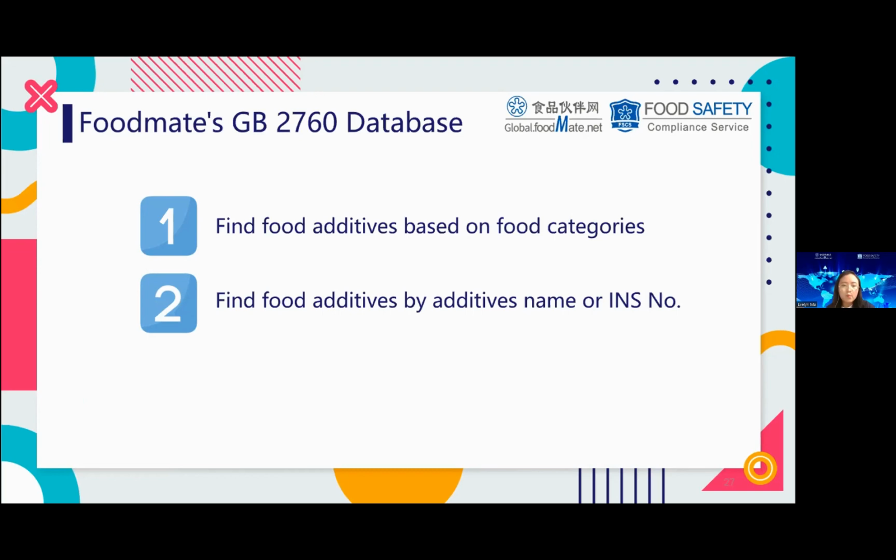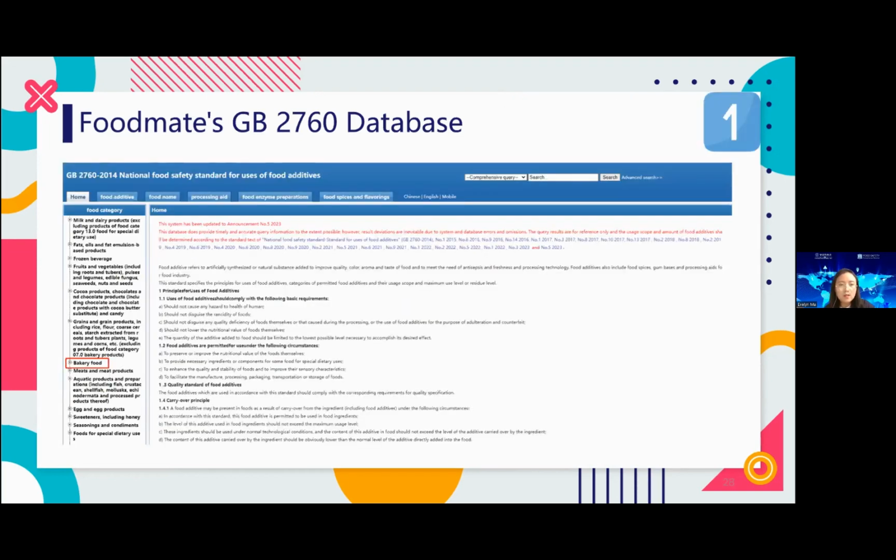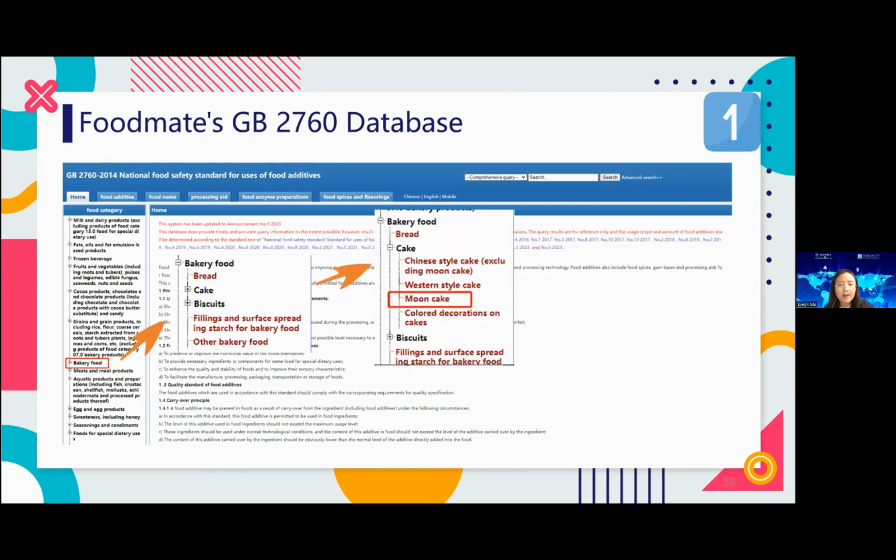If I want to know what food additives can be added to mooncake, and if I'm familiar with the food category, I can locate the mooncake. Then I click the plus sign to expand the content to find the mooncake. It's in the bakery food.